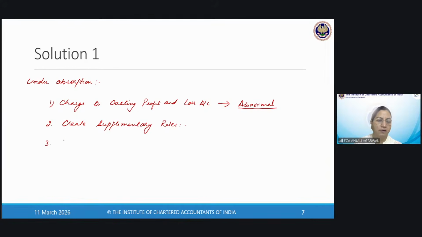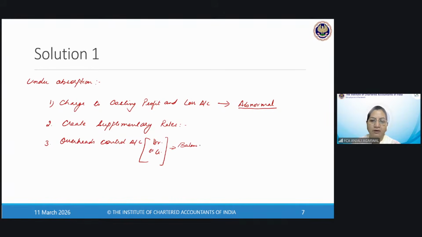Or you can create an overhead suspense account or control account, in which there can be a debit balance or a credit balance depending upon whether there is under absorption or over absorption. There can be under absorption in one year, over absorption in the next year with a slight amount, not because of any abnormal reason. So this account will continue and over a long period, it should balance.